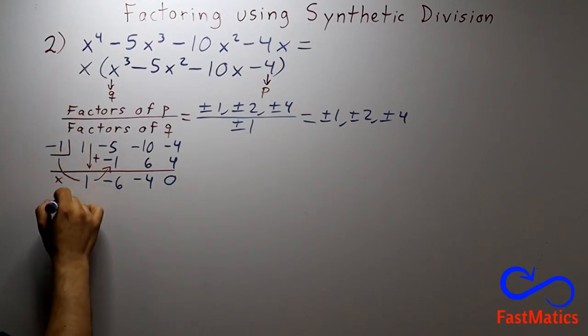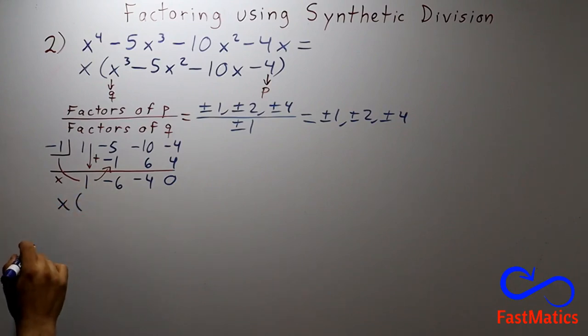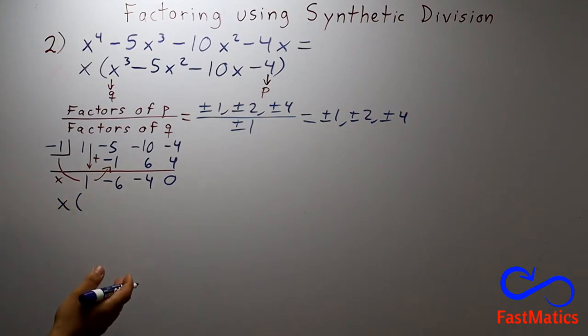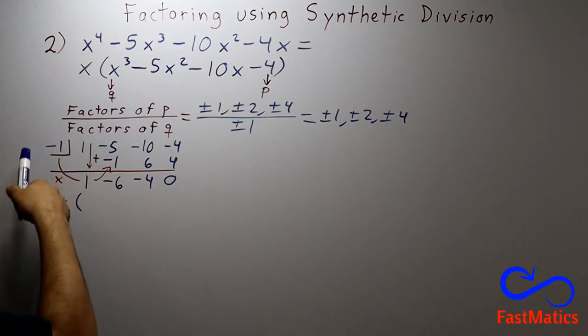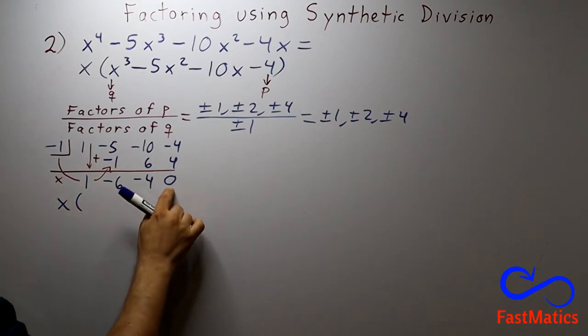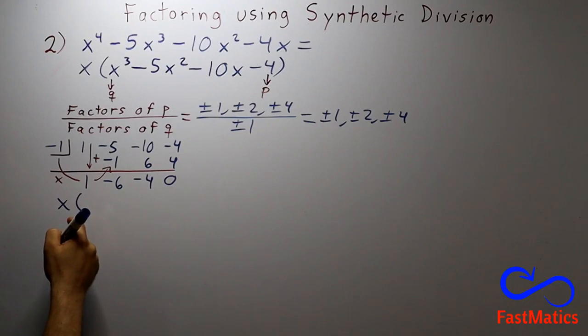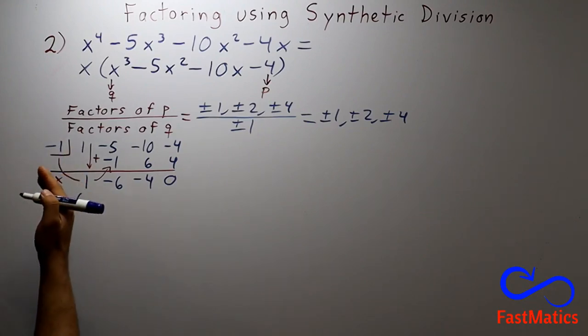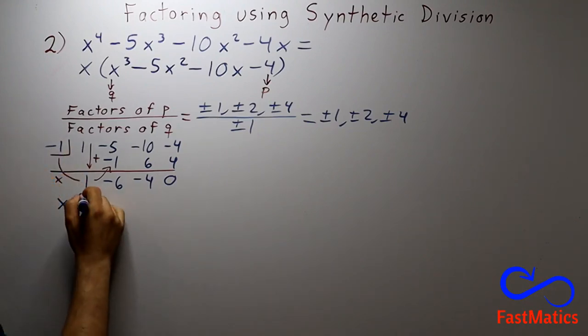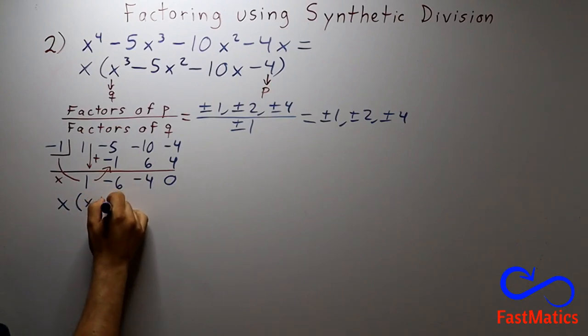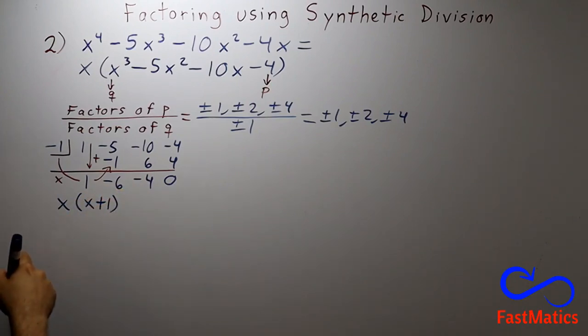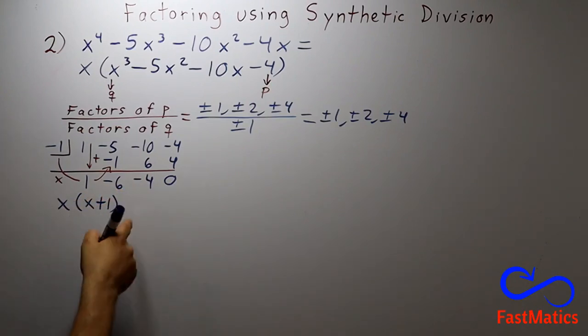Then we copy the x, and after that we are going to write x minus the number we have found for getting here a 0. So x minus negative 1, negative times negative is positive, so I'm going to write x plus 1.